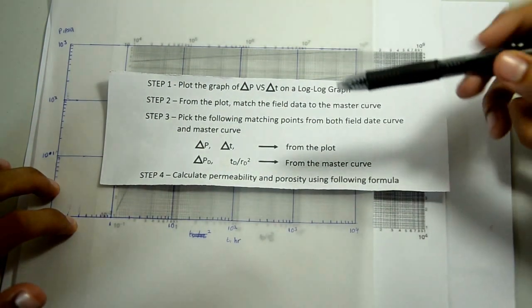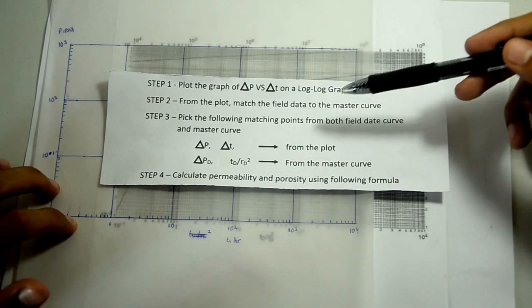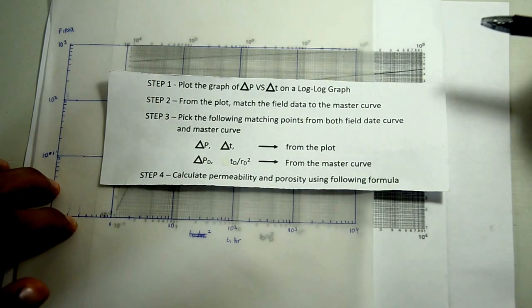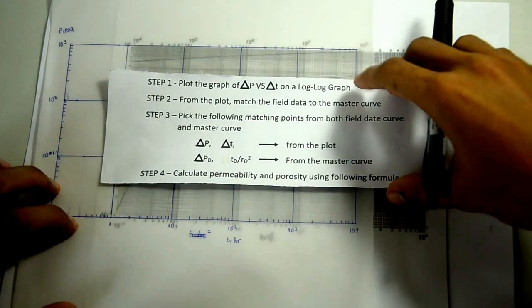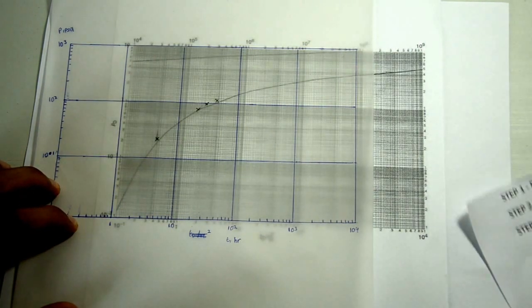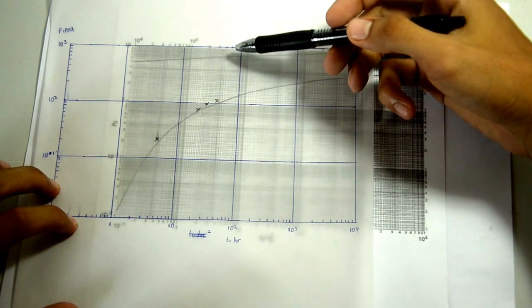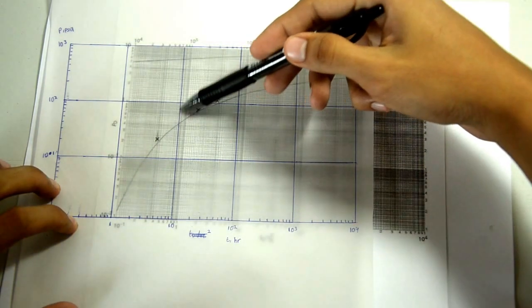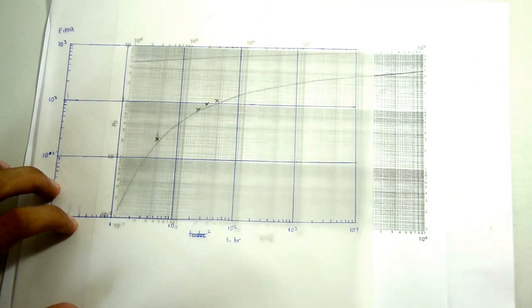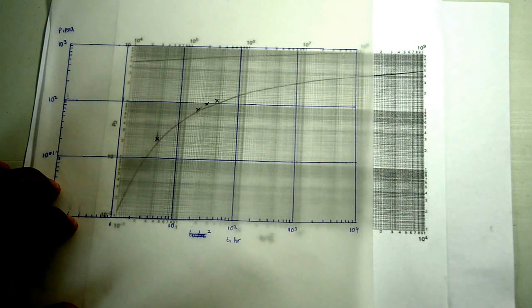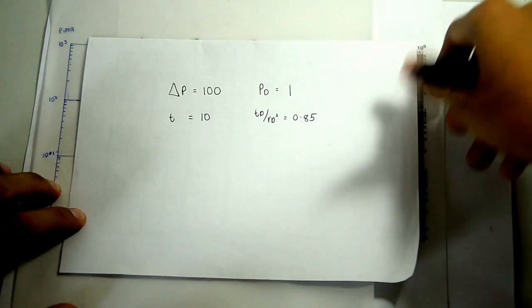Step 3. Pick the following matching points from both the field data curve and the master curve. Here, in this example, I pick the intersection point from the graph that I plotted, which is in this region. From the point, we can obtain these values.